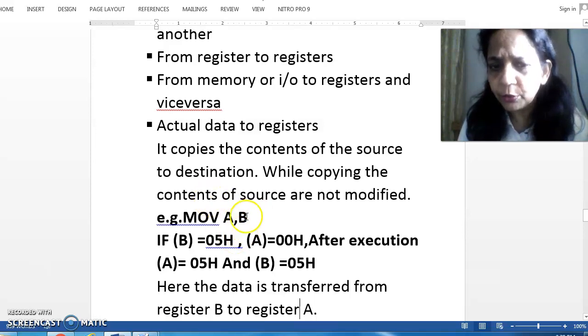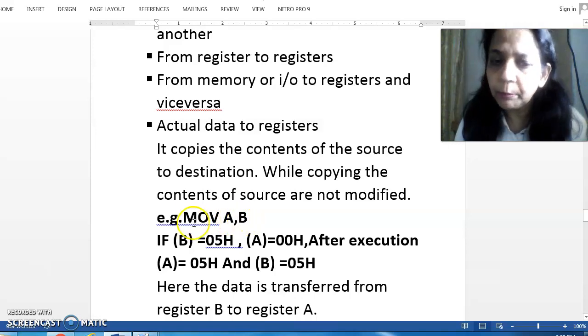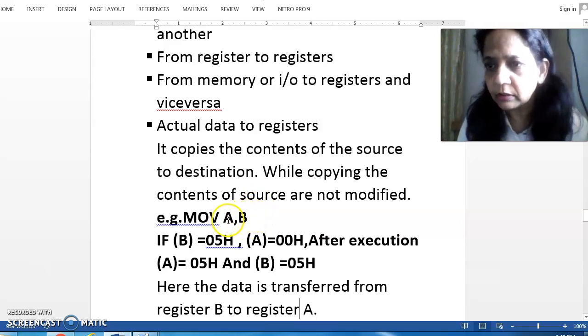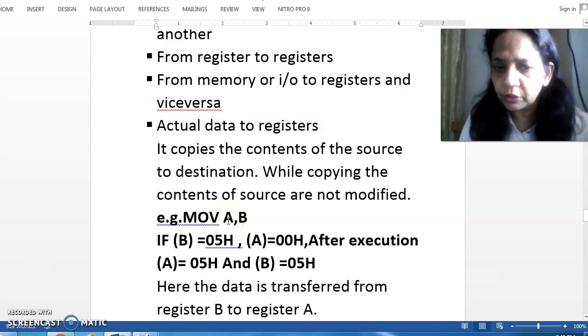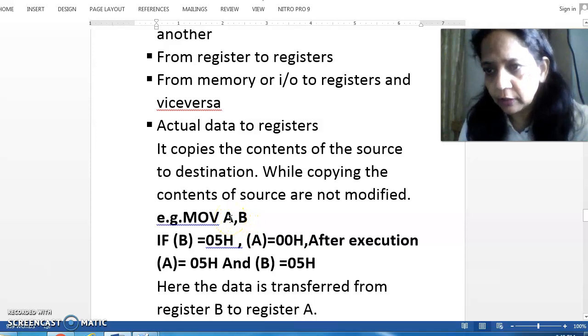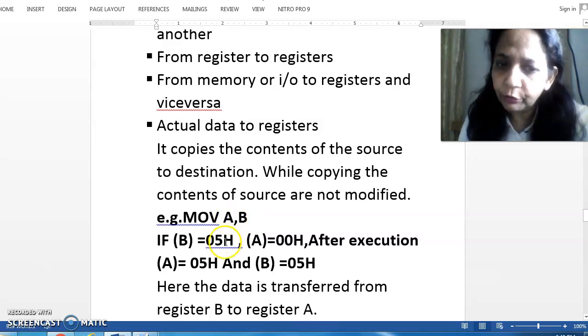Now for example, I will give you one mnemonic which is called MOV A, B. MOV stands for move, A is the name of a register, and B is the name of a register. In this case, the source register is the B register, and the destination register is the A register. The detailed form of the move instruction we will see later on, but right now in MOV A, B, source is B and destination is A. So suppose B has 05, that is 5 is the data in the B register.